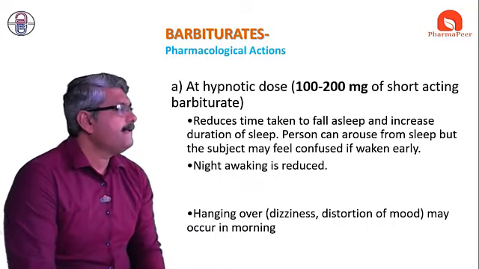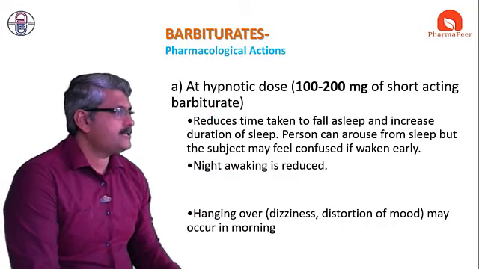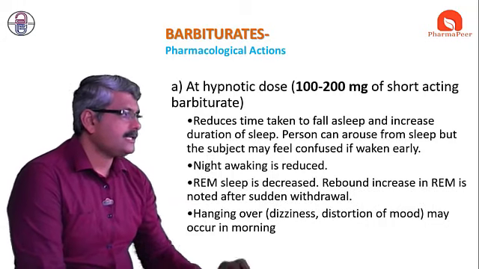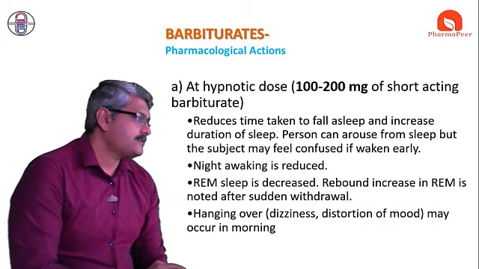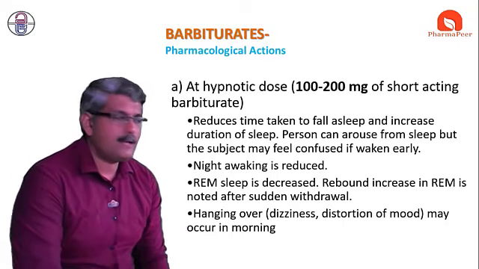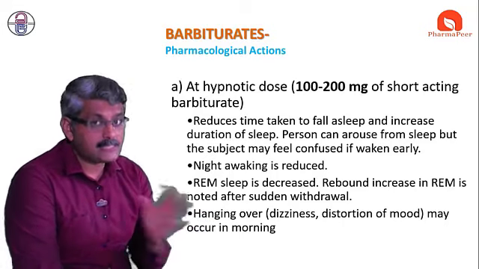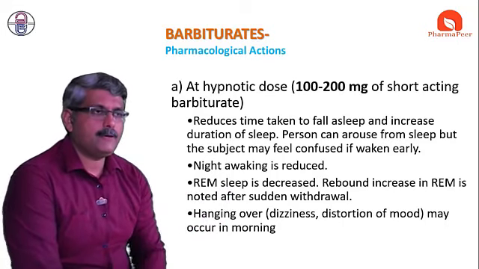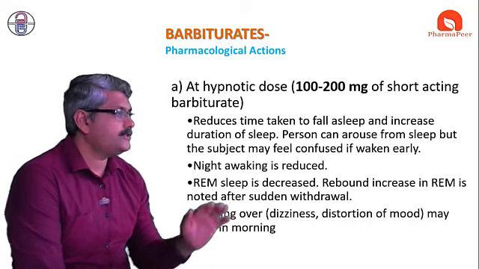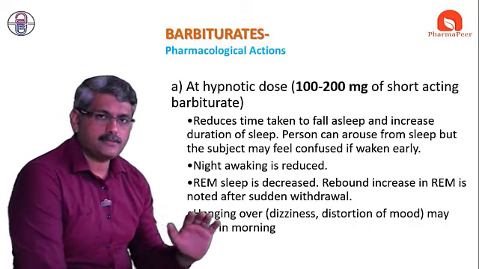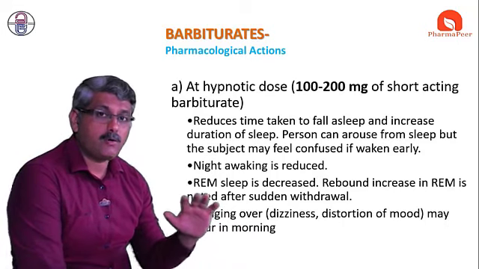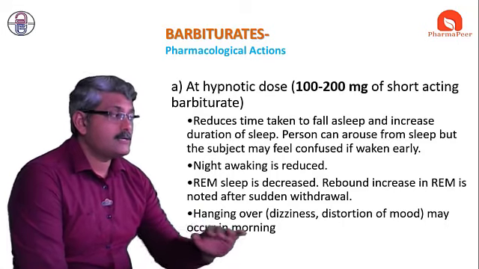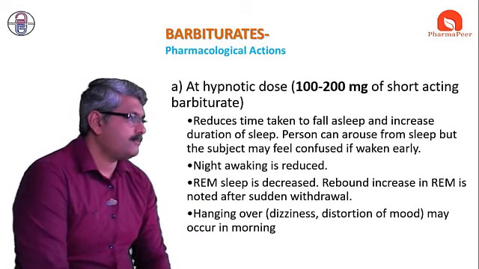But when the patient is on barbiturate treatment, night awakening is reduced, and rapid eye movement sleep is also reduced. A rebound increase in rapid eye movement is noted after sudden withdrawal. So if we are in treatment, it should have a good effect, but we can't suddenly stop the drug. We should taper the drug: after certain days, we reduce the dose, and then it doesn't give withdrawal symptoms. That is one of the important things.